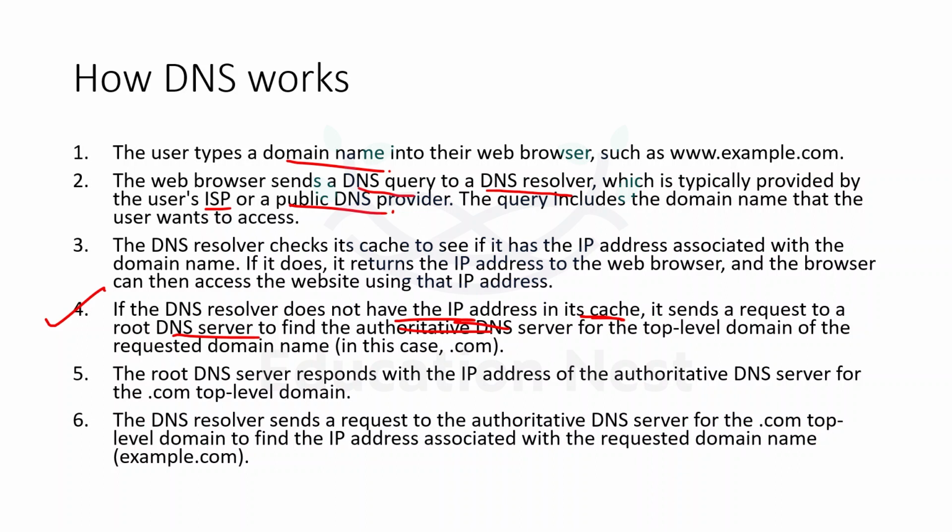There are 3 levels of domain name: the top level, the second level, and the subdomain. The top level is com, we understood that. The second level is example. And the subdomain would be, if we have something like blog.example.com, this blog is the subdomain.